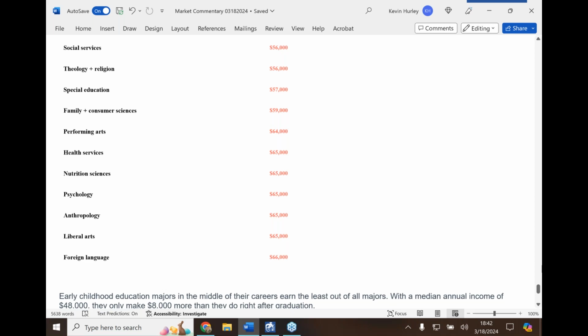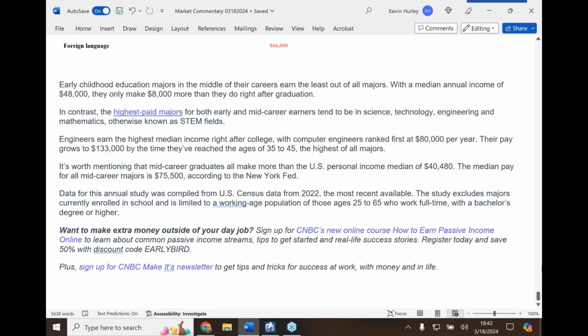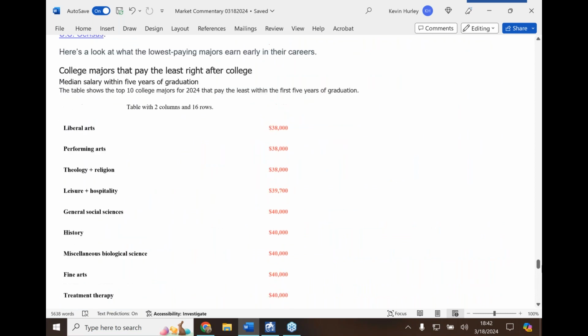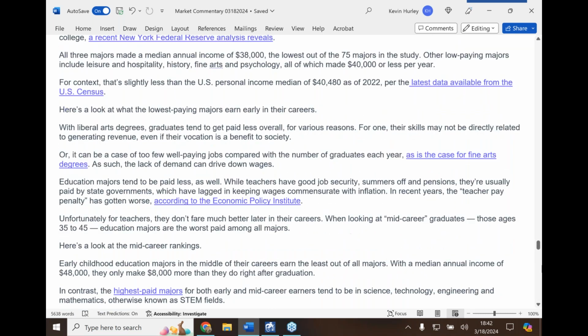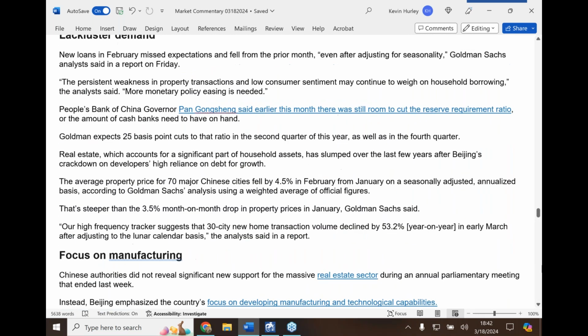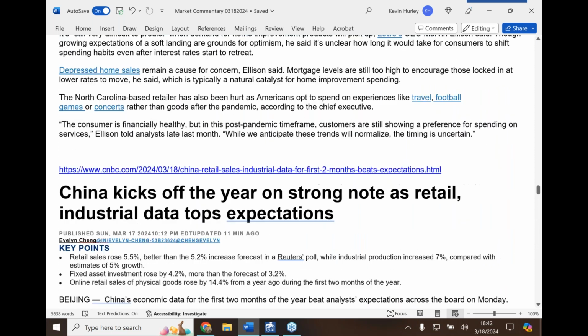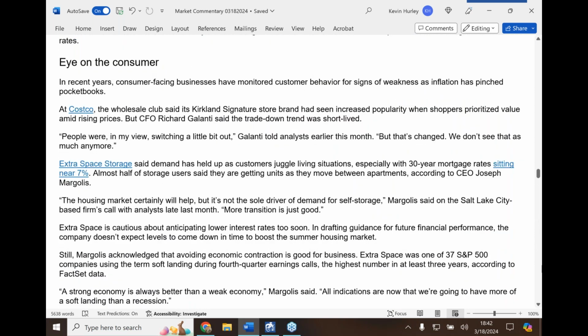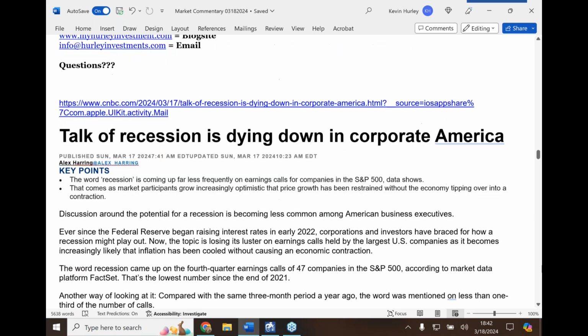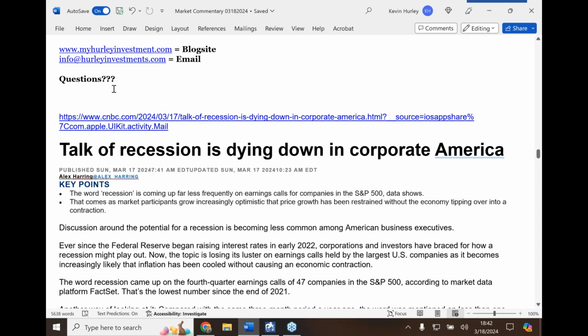So just something to think of if you have kids or grandkids that are going through college and what they're going to need to do to maybe make a better living, or make the living that they want for their lifestyle. It might be the best way to say that.